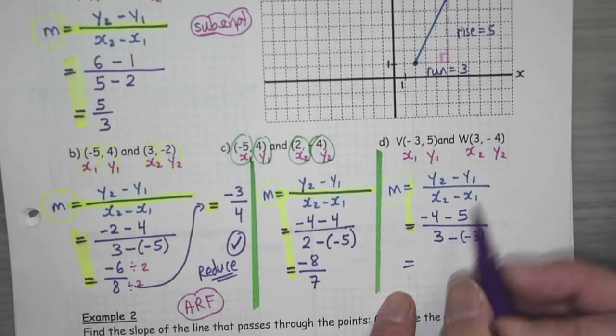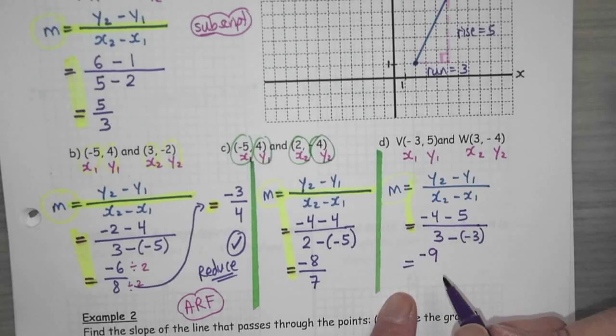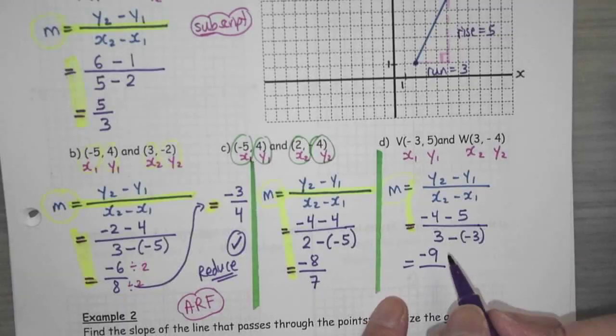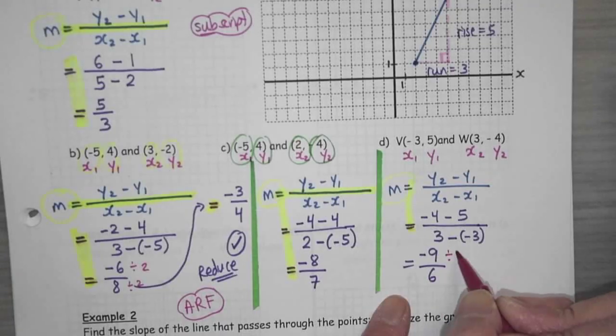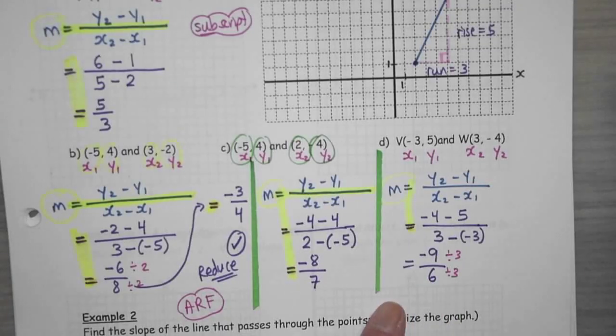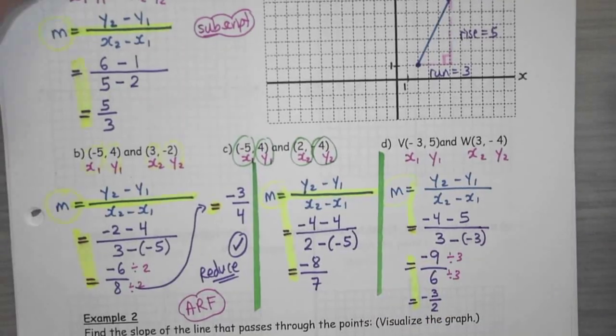So -4 minus 5 is -9, and this is 3 minus minus, so 6. Can we reduce that? 9 and 6, yep, we can reduce them both by 3. So we're going to get -3 over 2, all done. Make sure there's equal signs all the way through.